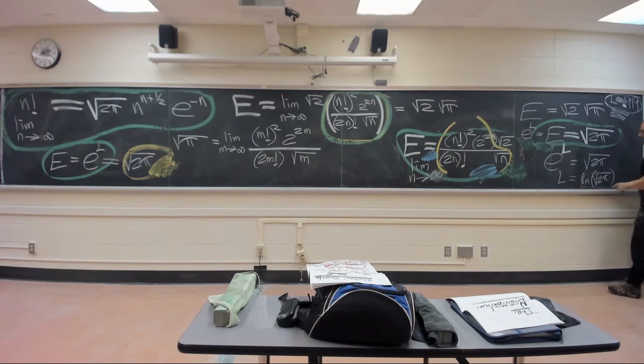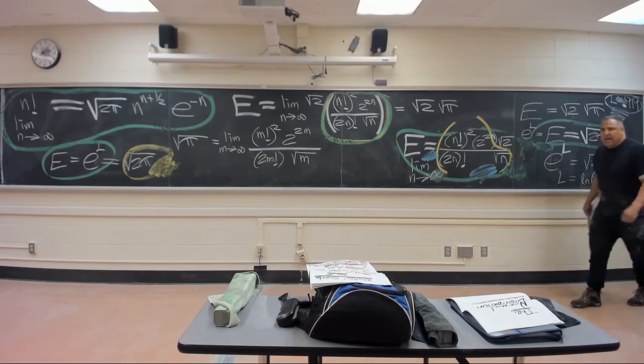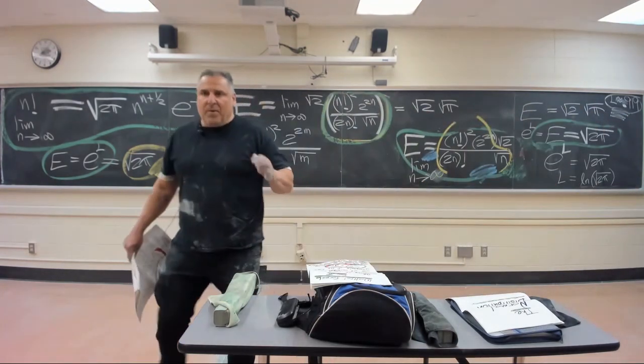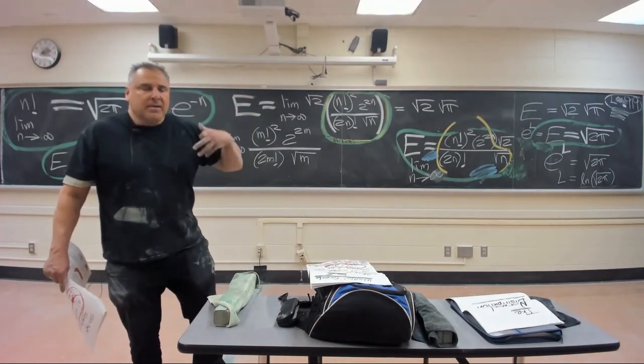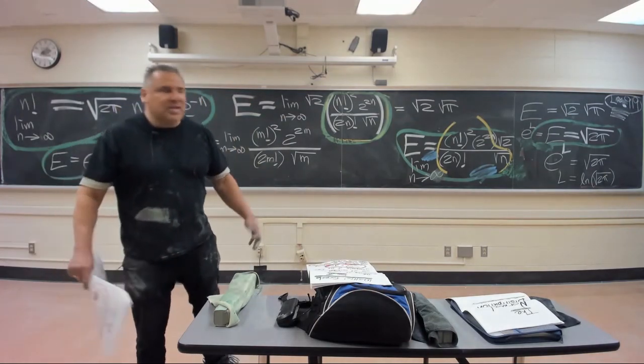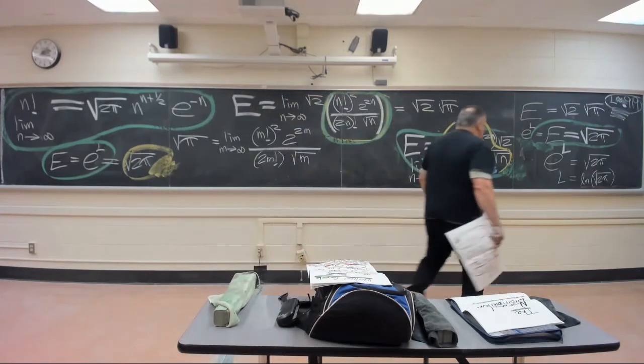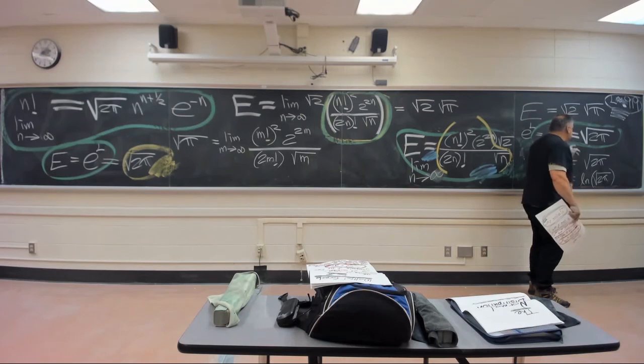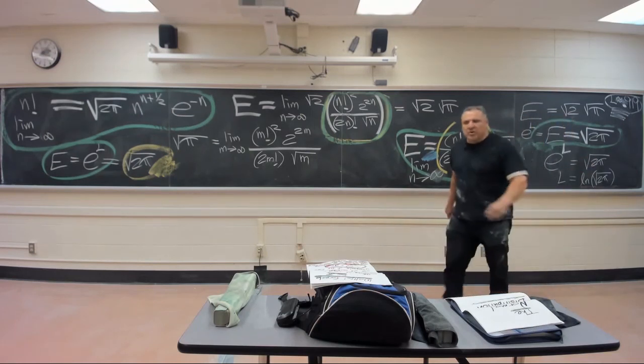And e to the 0.919 is roughly the square root of 2 pi. If we knew exactly what L was and could put it there, at least a very, very good approximation, this thing would be exactly the square root of 2 pi. e to some number roughly equal to 0.919 is the same as the square root of the product, 2 pi.